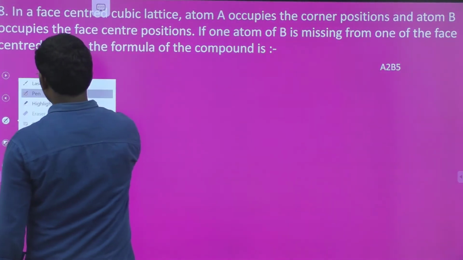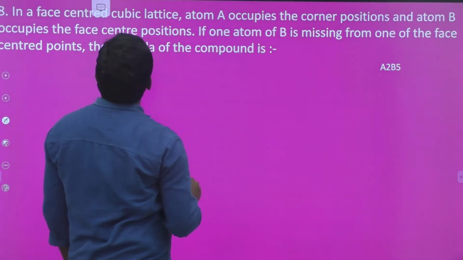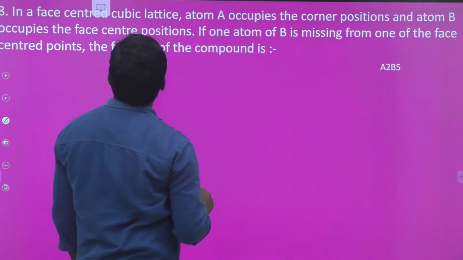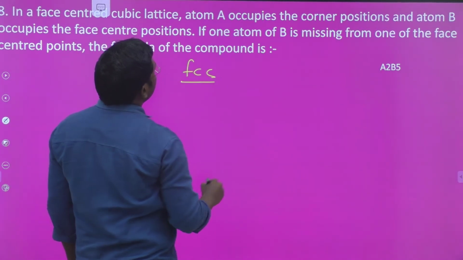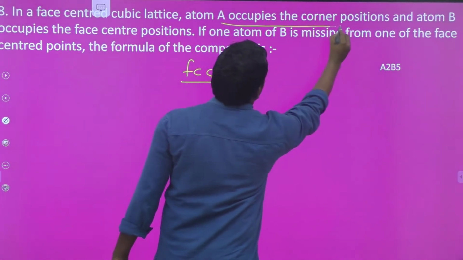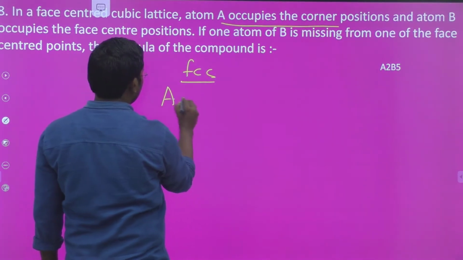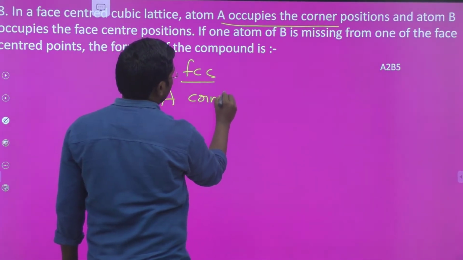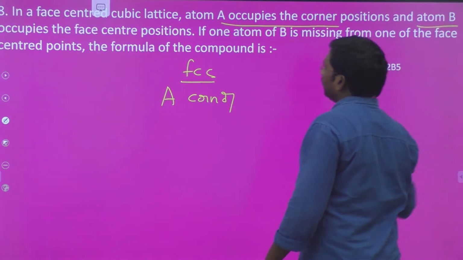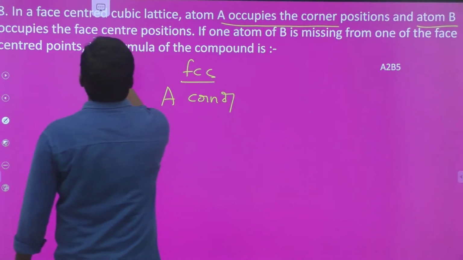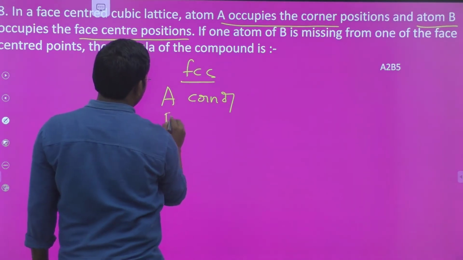So come to the next one. In a face-centered cubic lattice, A atoms occupy corner positions, and atom B occupies face positions.